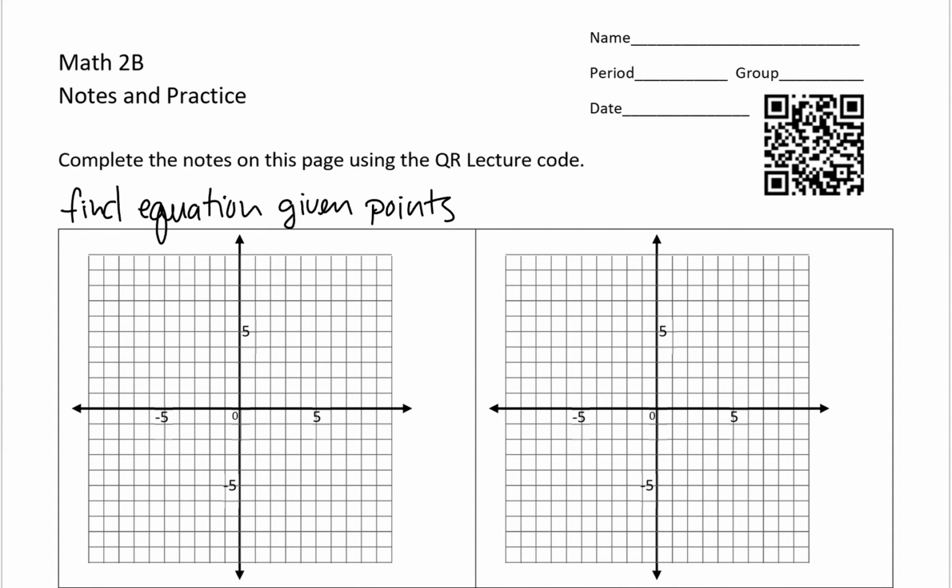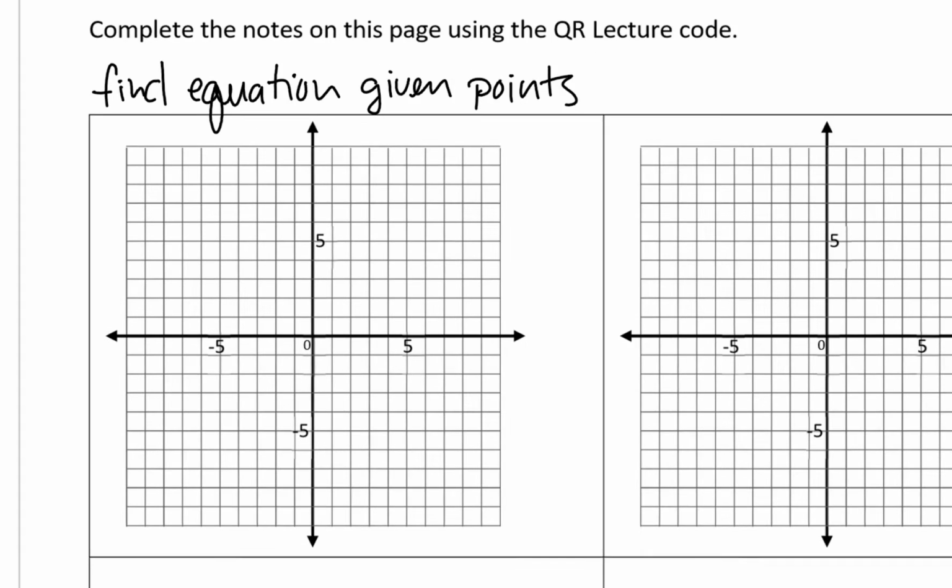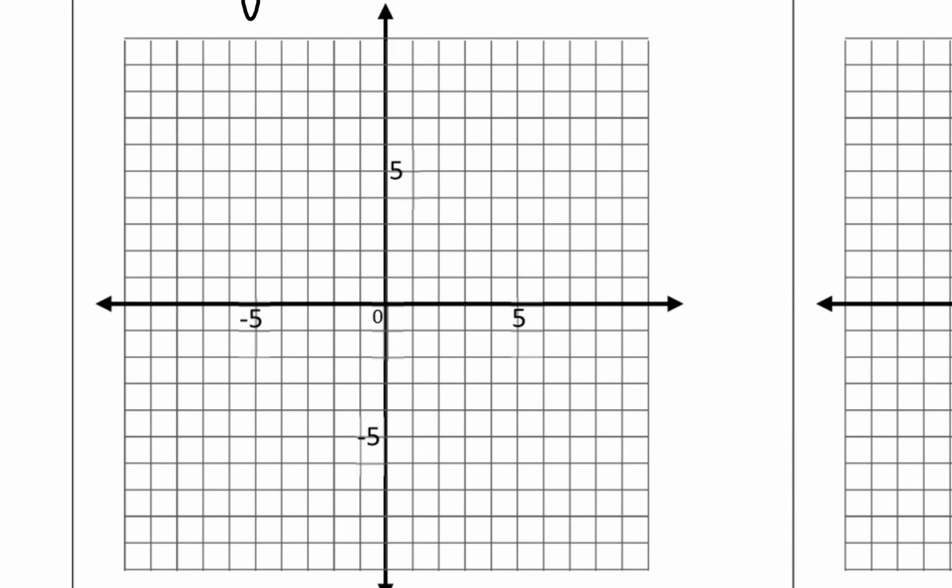So I've written here, find the equation given points, but the points I'm going to give you are the roots and the y-intercept. So for the example we're going to do together, let's highlight the following points. Let's put a dot at -2, 0. One of my roots is at -2, 0. The other point is at 5, 0. So those are my roots.